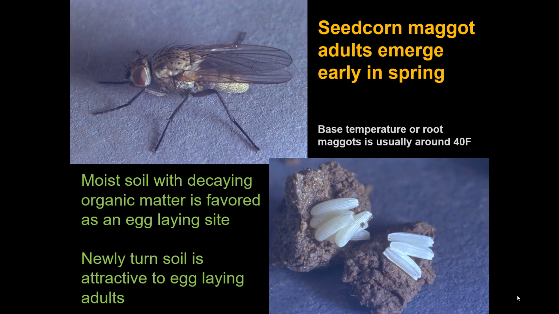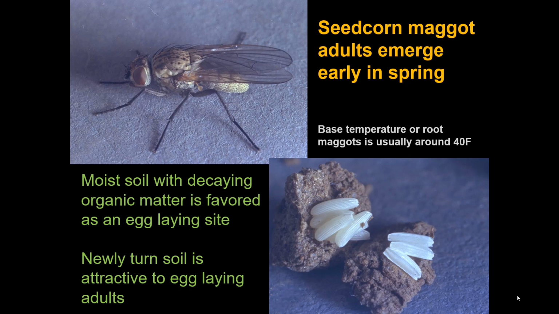They are particularly damaging early in the season in situations where there's moist soil with decaying organic matter. This is a favored egg-laying site, and if you newly turn soil in spring, it becomes very attractive.